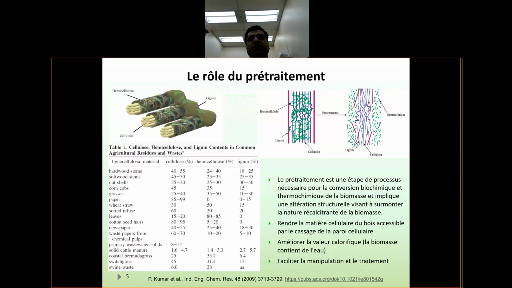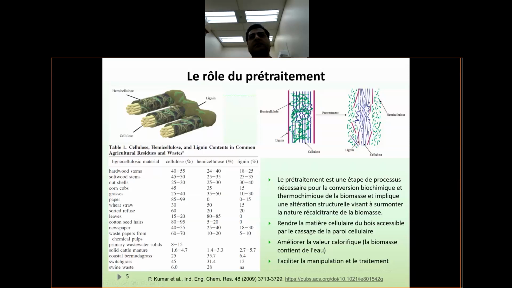But let's look at this picture. This is a bit more schematic of woody biomass. So you can see how cellulose is a long chain. Most of the time, cellulose has a crystalline structure, but sometimes it has an amorphous structure. That's why it's not like a straight line.